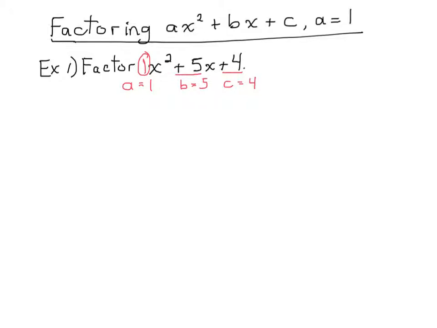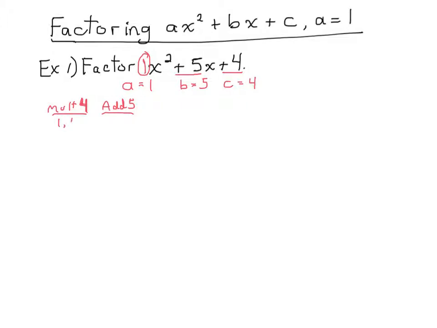Step 1 from the previous slide was to find two numbers that multiply to whatever a times c is. So 1 times 4 is still just 4, so we need to find two numbers that multiply to 4, and they have to add to 5. I like to make a list of those numbers that multiply to 4, and then we'll find out which ones add to 5.